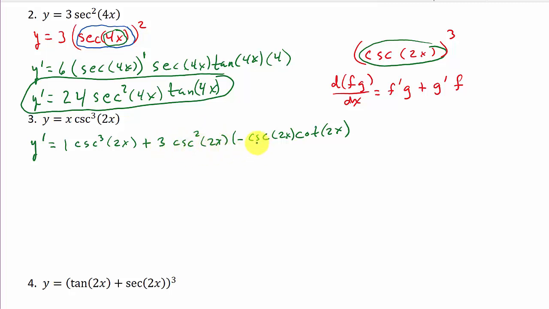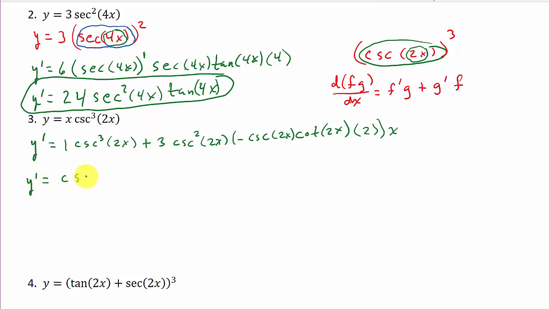So that's negative cosecant 2x, cotangent 2x, times the derivative of what you're taking the cosecant of, so times 2. Okay, so all of this, that's the derivative of the second function times the first function.